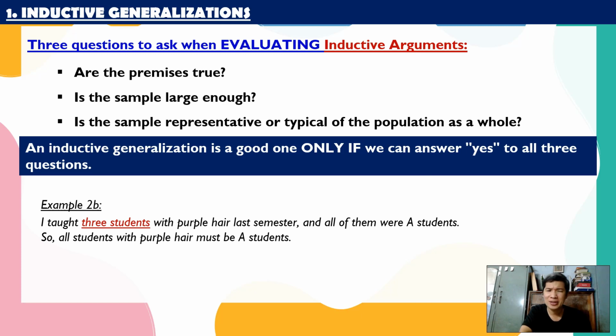I taught 3 students with purple hair last semester, and all of them were A students. I don't know whether your hair is purple. So students with purple hair are A students. Then you can just dye your hair purple. So all the students with purple hair must be A students.